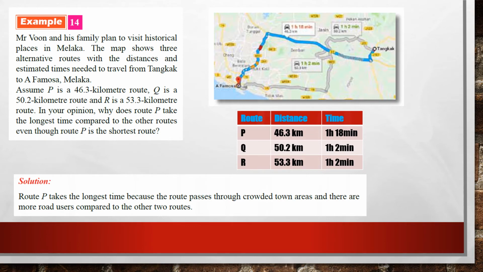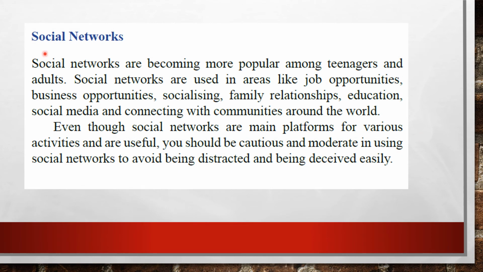Next, we look at another example in network, that is social network. You can refer to page 144. Social networks are becoming more popular among teenagers and adults. Social networks are used in areas like job opportunities, business opportunities, socializing, family relationships, education, social media, and connecting with communities around the world.